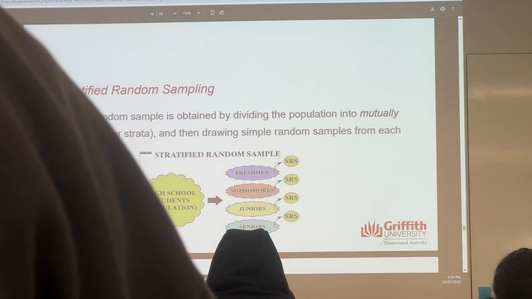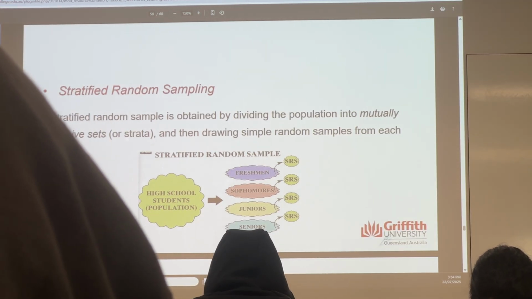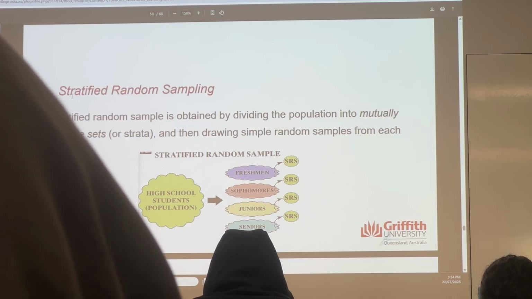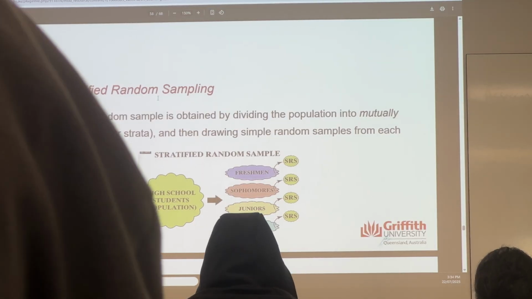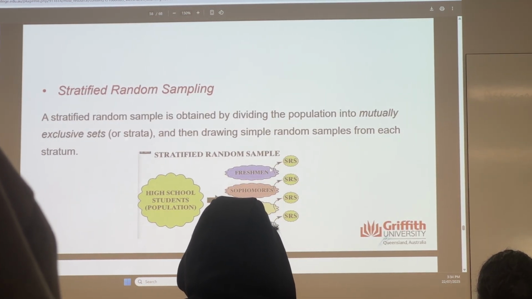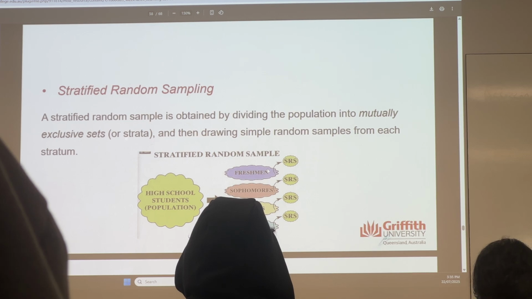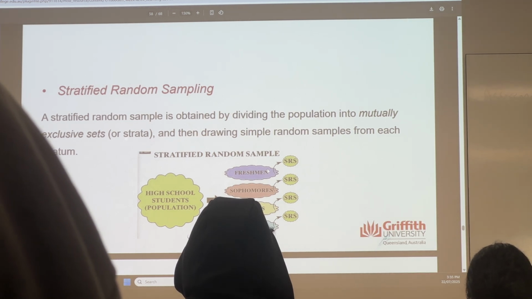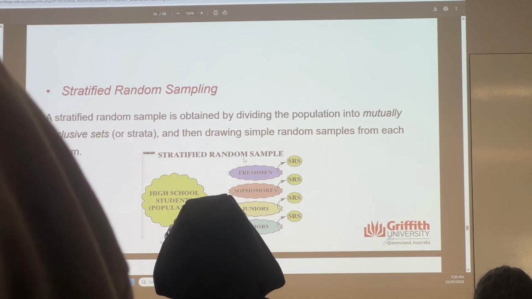So the next question. If your simple random sampling doesn't work, then we have to go for another method. The other method is stratified random sampling. In order to collect data and represent your sample in all the layers or all the groups, we divide the population into different groups.